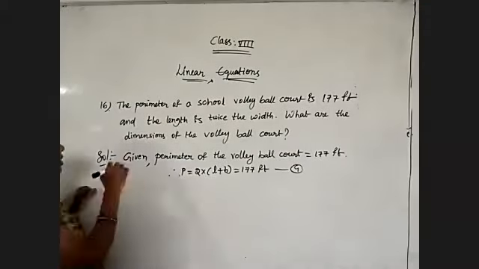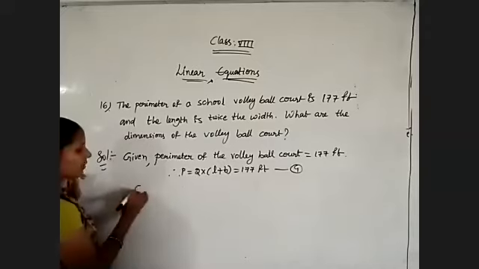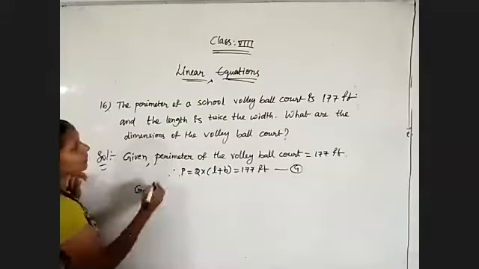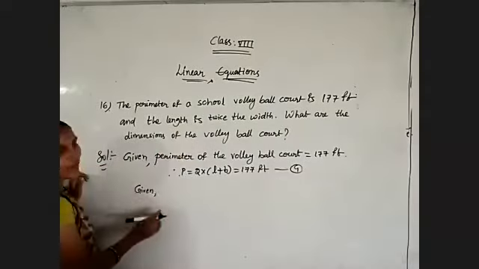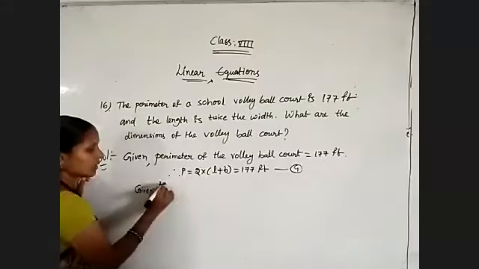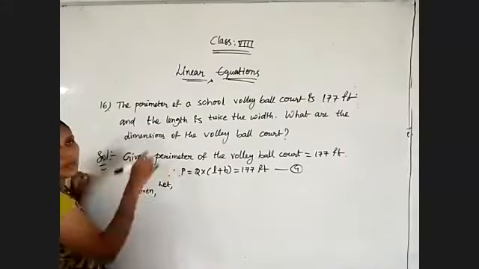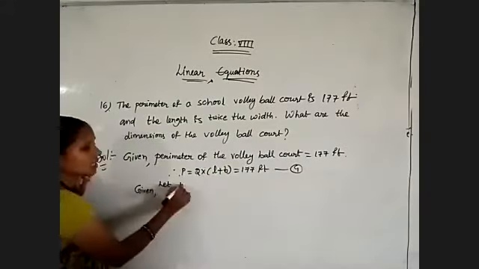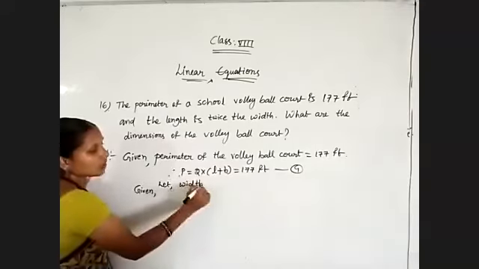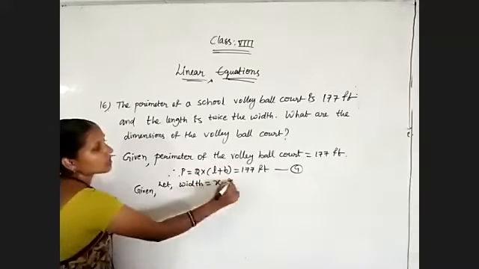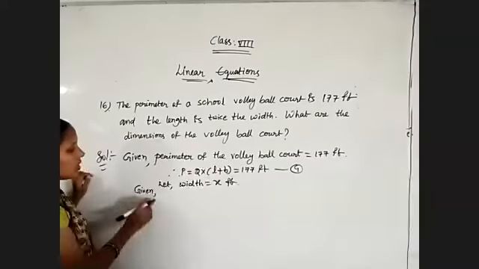Okay. Now coming to the second case. Given: length is twice the width. So let us represent length in terms of width. Let width be equal to x feet, here the units are feet.